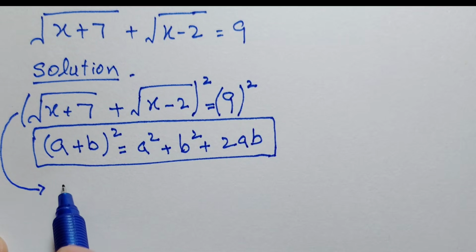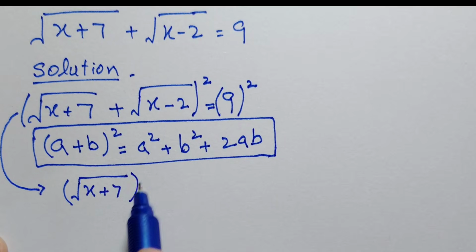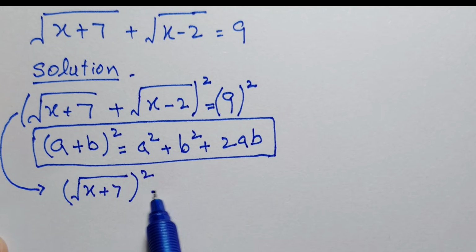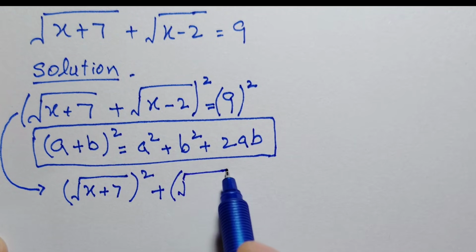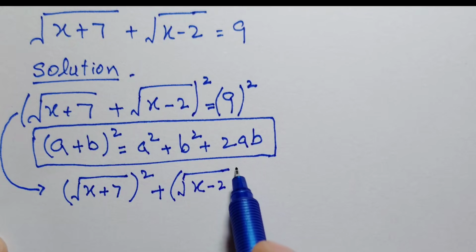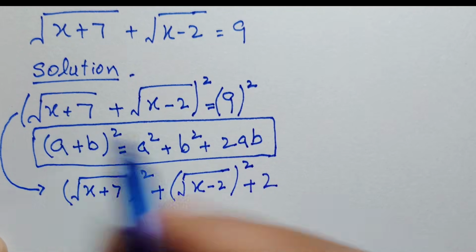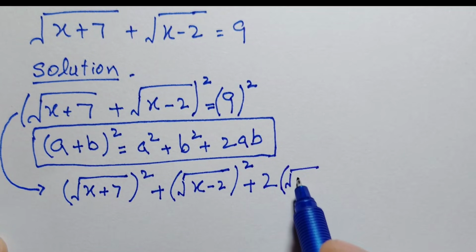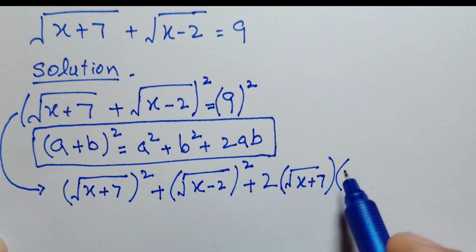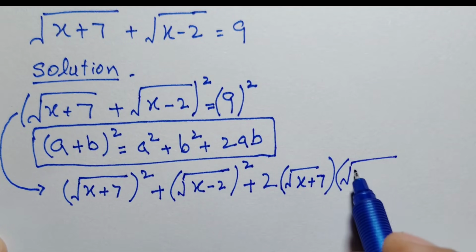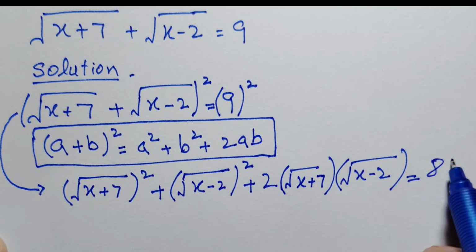Now a square is square root x plus 7 square, plus b square, which is square root x minus 2 square, plus 2a, this one, square root x plus 7, and b, this one, square root x minus 2, is equal to 9 square, which is equal to 81.